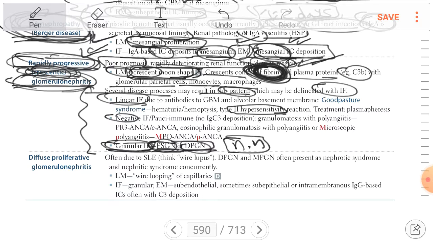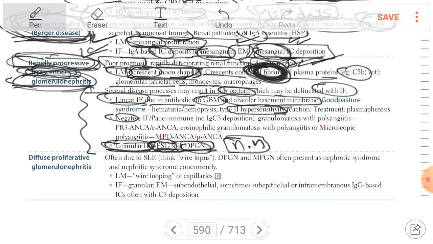What is the difference between type 2 and type 3? Type 2 means antibodies against the glomerular basement membrane or the alveolar basement membrane. The antibodies go and attack. But type 3 means the antigen-antibody complex, which deposits on the tissue.